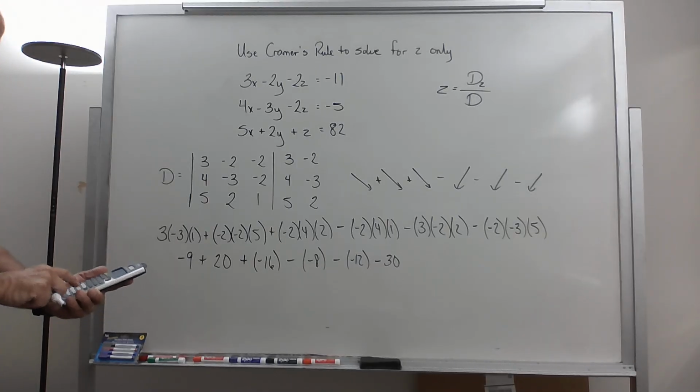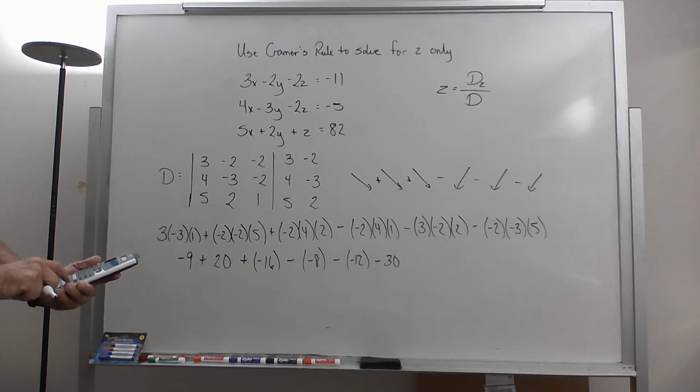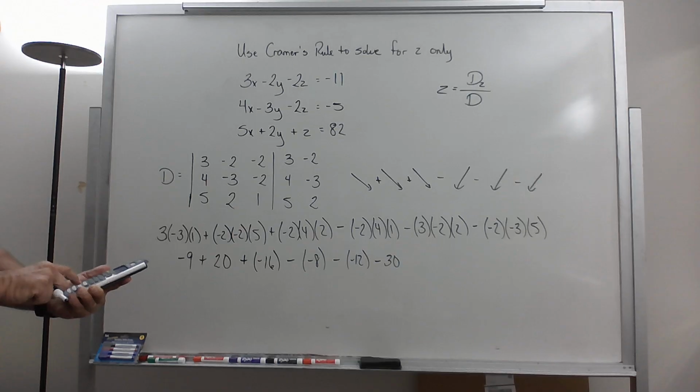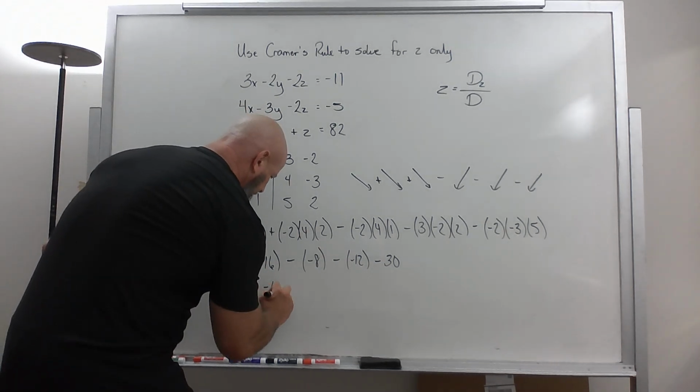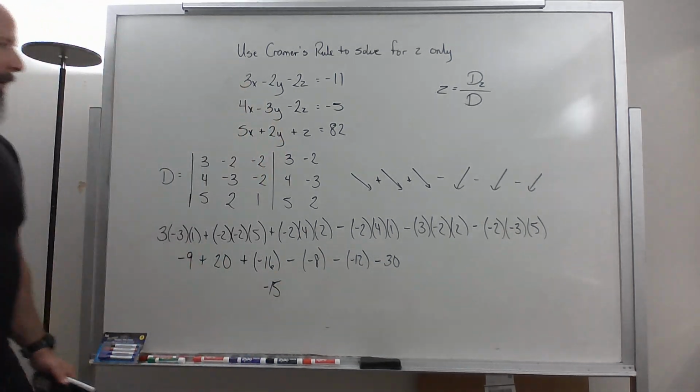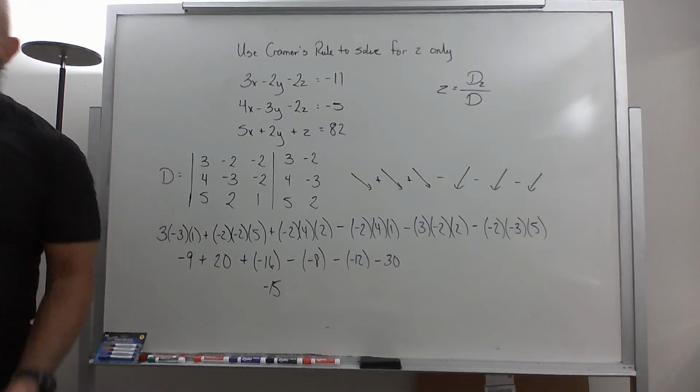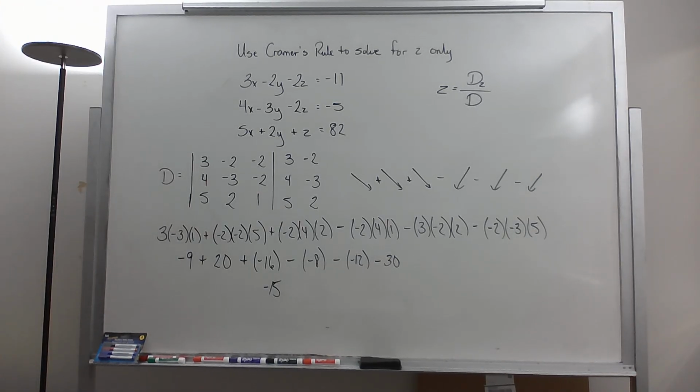Unless I made a mistake there, which when you get all of these different calculations, it is certainly not uncommon to make a careless error doing our evaluations. All right, all that together gives me negative 15. So there is that base determinant D value.